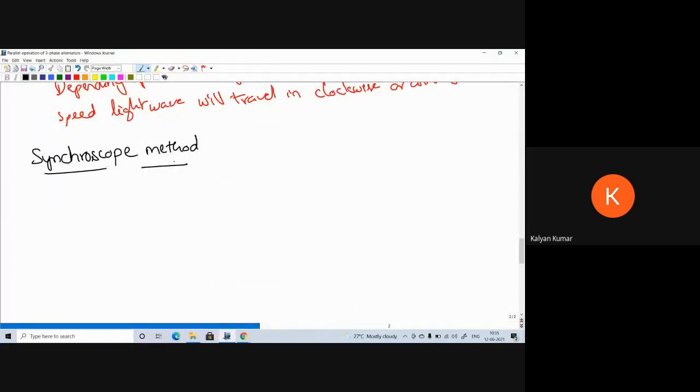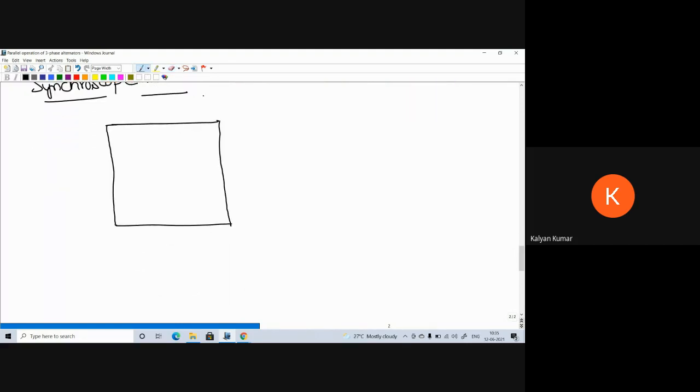Synchroscope method. So here we are going to use an instrument called synchroscope, an instrument called synchroscope to identify the exact synchronization point.